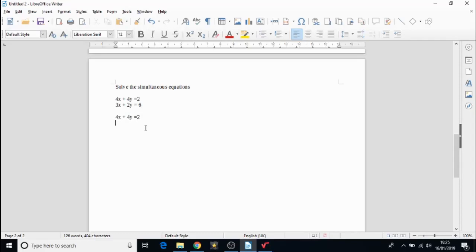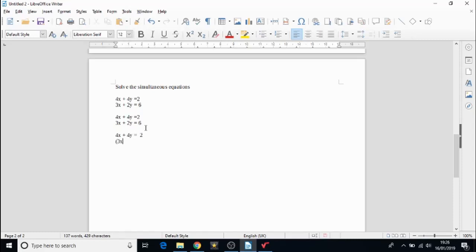4x plus 4y is equal to 2. 3x plus 2y is equal to 6. And we're going to make the second equation, we're going to times the whole of the second equation by 2.